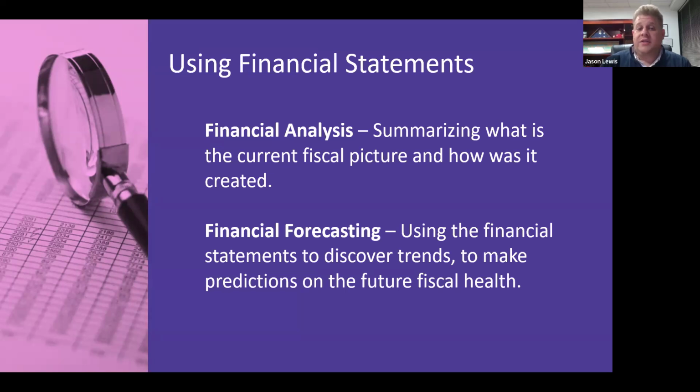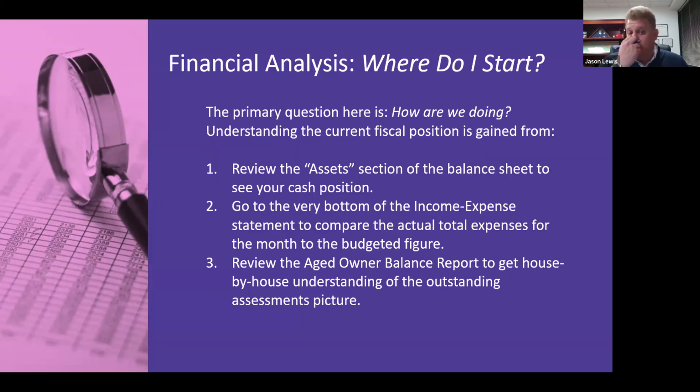Financial forecasting is used to take those statements and discover trends that you have and make predictions about future fiscal health. A lot of this is what you all do in the budget sessions that you have, looking at the past financial data and coming to an understanding as to what actually is happening with the trends that we're seeing and what do we need to do to either adjust, change, correct, and so forth.